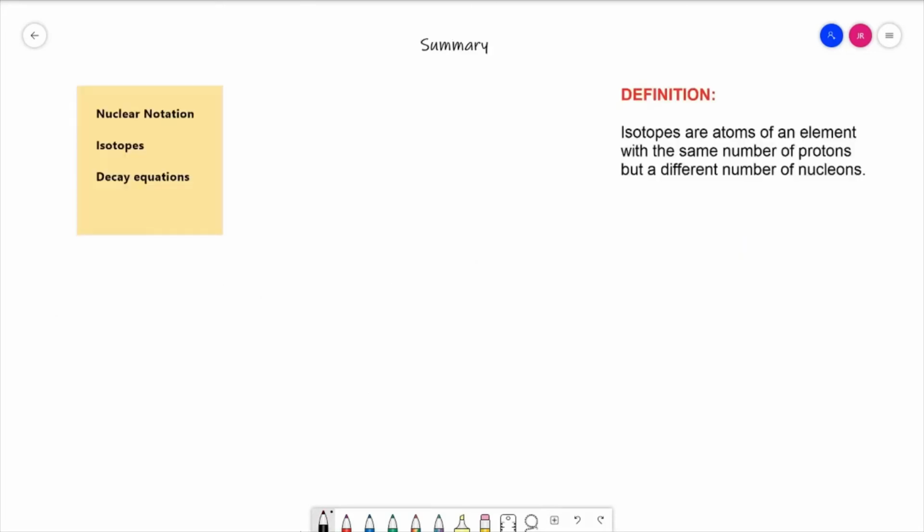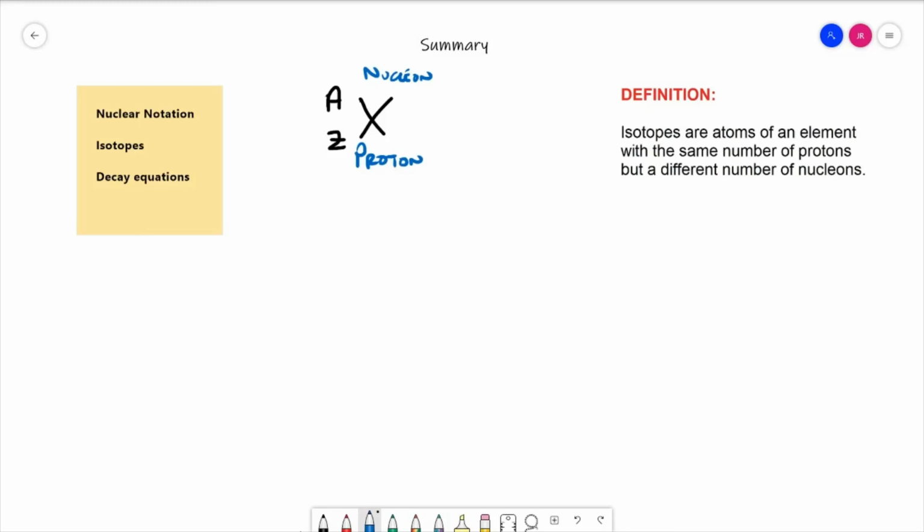So to summarise then, the 3 key things that we've looked at today are nuclear notation, and for nuclear notation we use the format AZX, where A is the nucleon number, the number of protons and neutrons that a particular nucleus contains, and Z is the proton number, the number of protons that are in that particular nucleus.